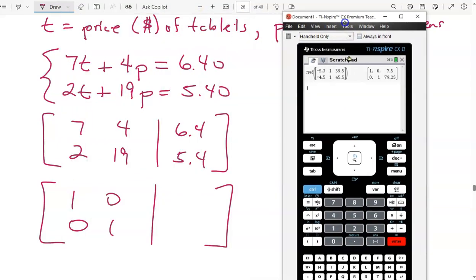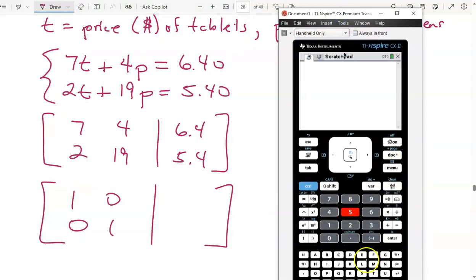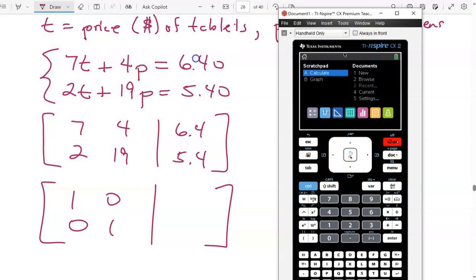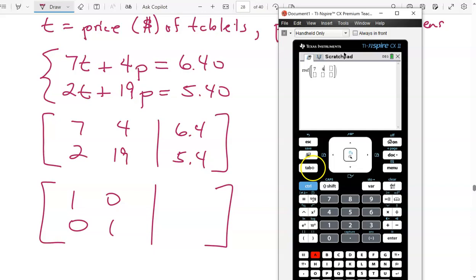Let's let our calculator write that in reduced row echelon form. So RREF, and open parentheses, menu key to the right of the 9. We need a 2 by 3 matrix, and entering the top row, 7, 4, oops, and 6.4, 2, 9, and 5.4, and I believe I've entered something wrong because those numbers look funny.